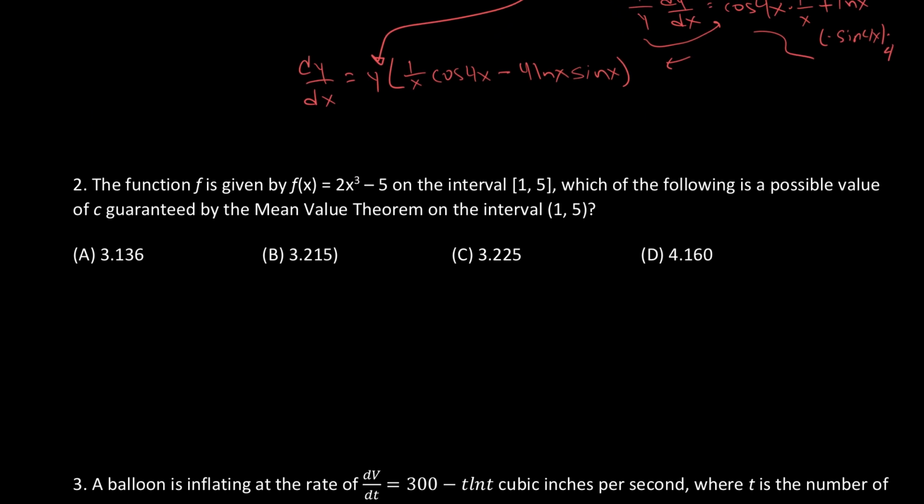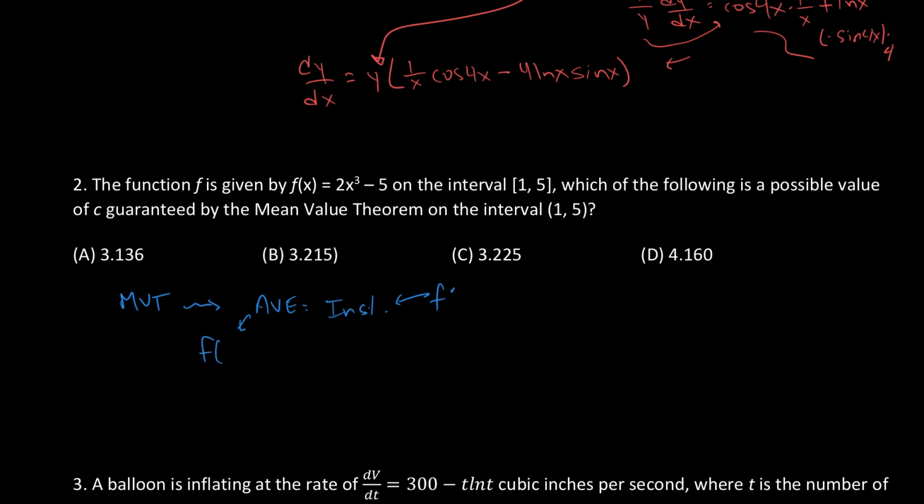It says, the function f is given by that equation on that interval. Which of the following is a possible value of c guaranteed by MVT on 1 to 5? All right, so working this out, we know that MVT tells us that the average will equal the instantaneous. The instantaneous is a derivative, and the average happens on an interval.